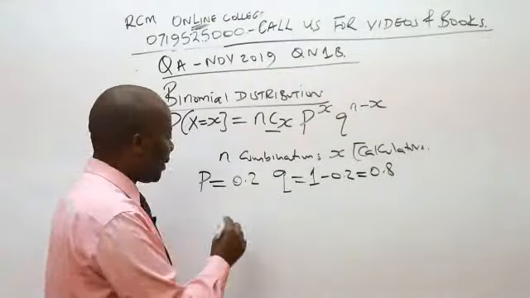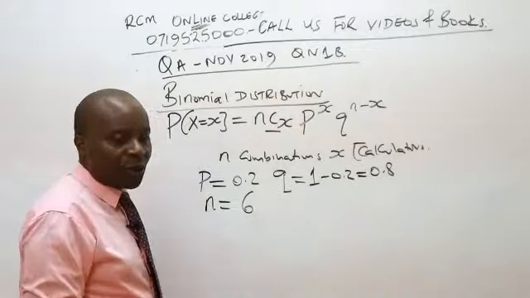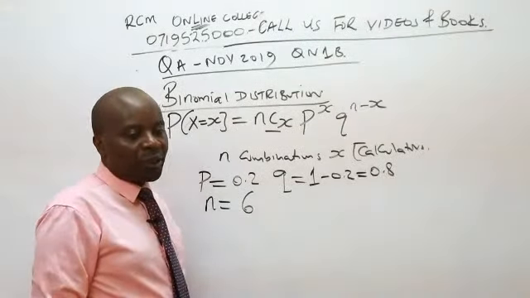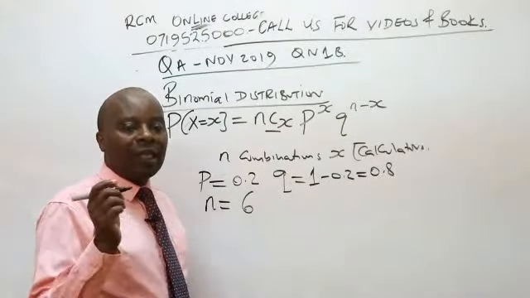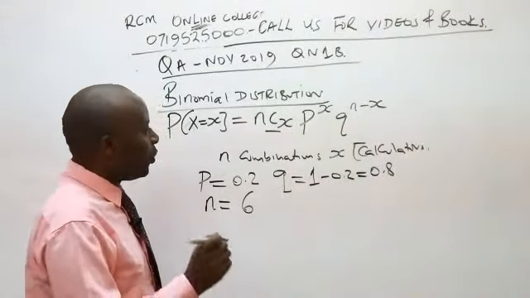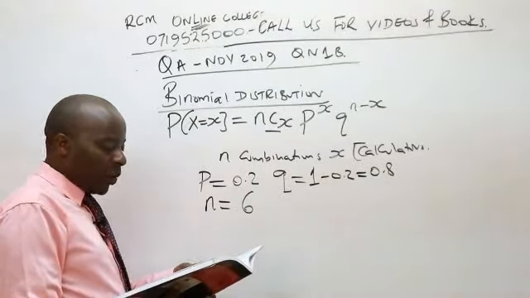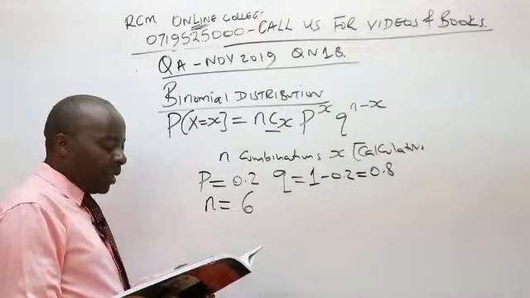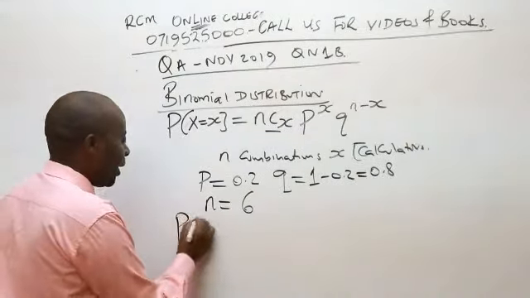That is very important. N is my sample size. We've sampled the 6 consultants. So now, ladies and gentlemen, with this, I will very easily answer whichever question this examiner wants. Like here, they want us to give them the probability that more than 2.